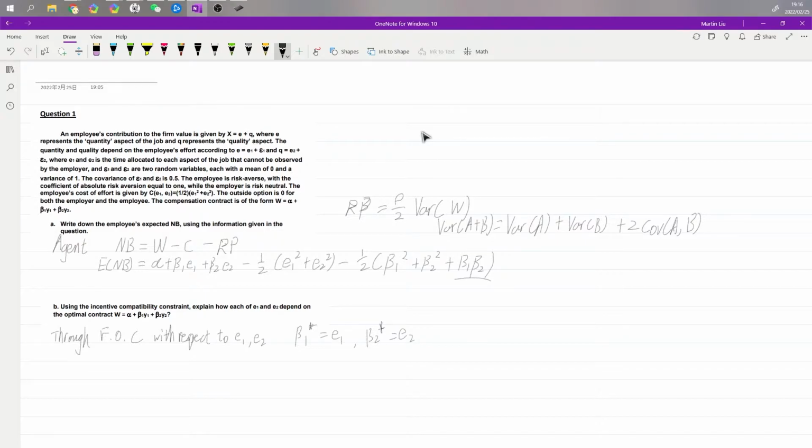And what's the important part of this? As I mentioned in those easier cases in the previous few tutorials, when you are doing FOC, it's equivalent to simply setting the marginal cost equal to the marginal benefits. And that is what we have here.